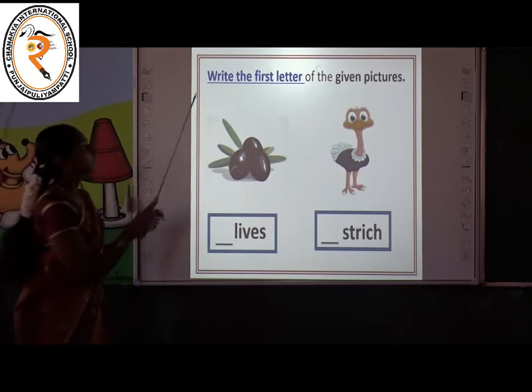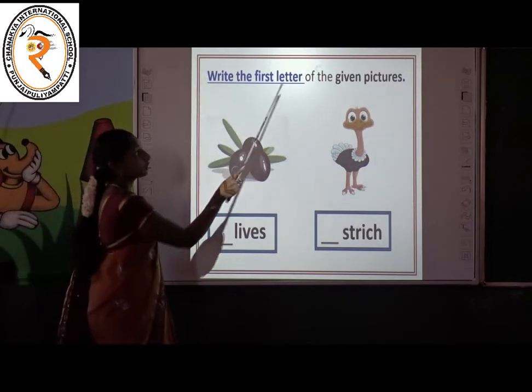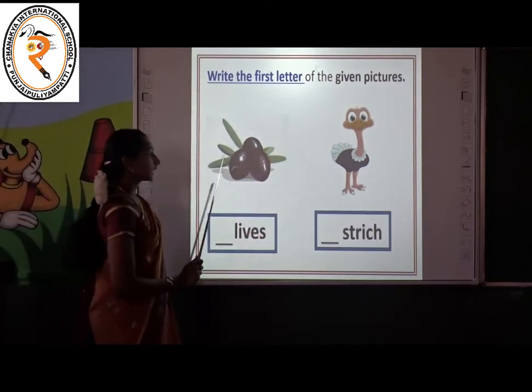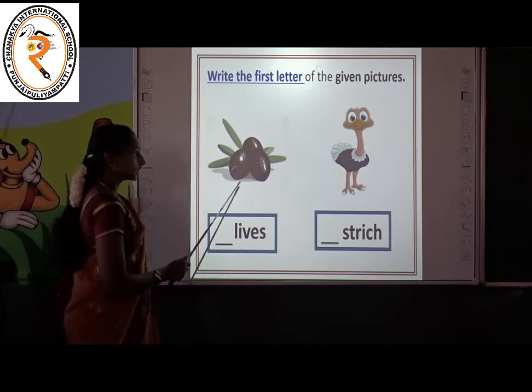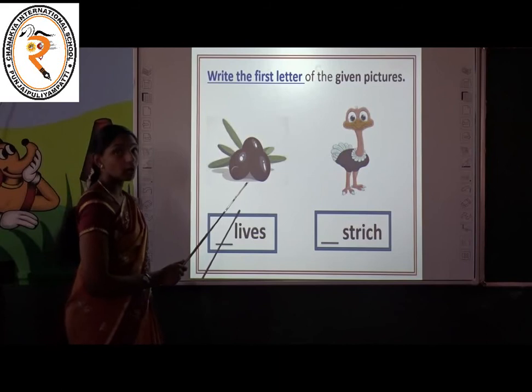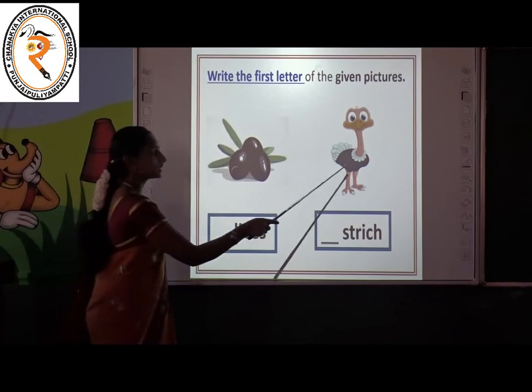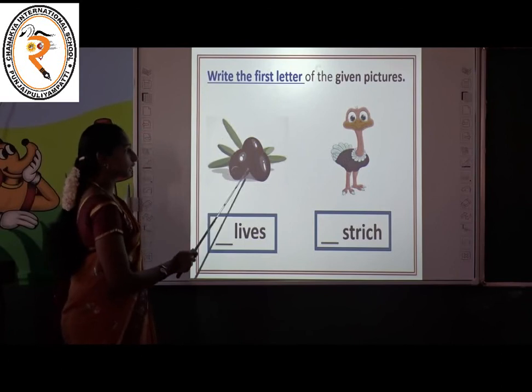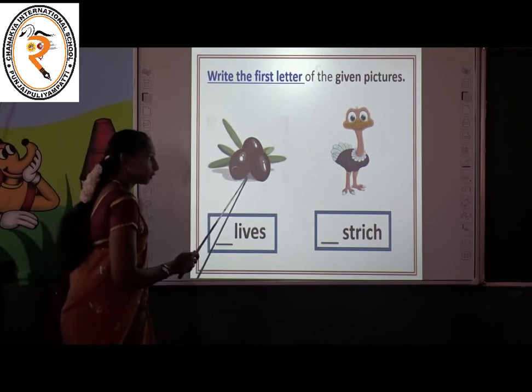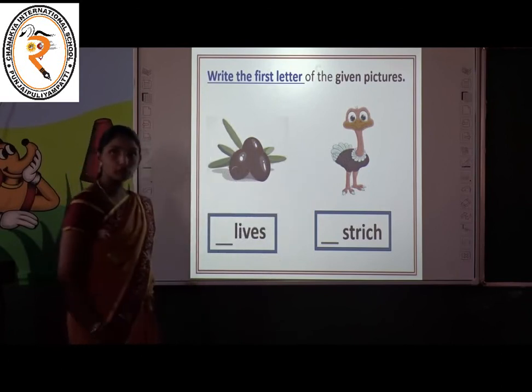Let's see. Write the first letter of the given pictures. Can you see? Two pictures are given to you. What are these? Just now we saw olives. What is this? Ostrich. Yes, children. Now you are going to write the first letter of olives and the first letter of ostrich.